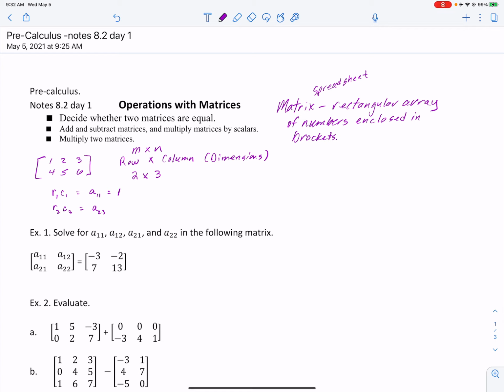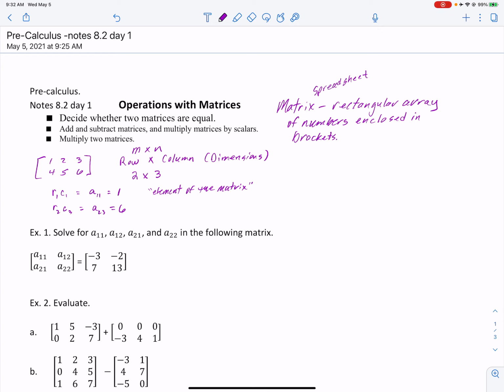So each number in there is known as an element of the matrix. So if we have A23, that is the second row but third column, that element has a value of 6.